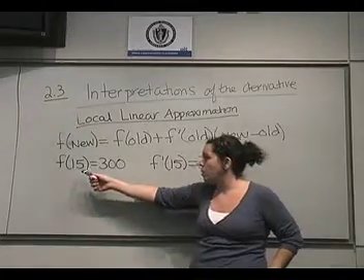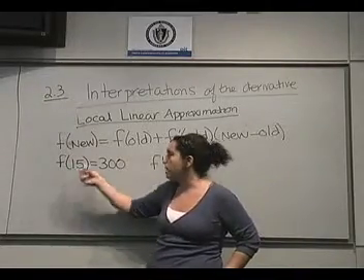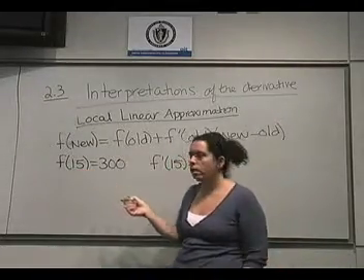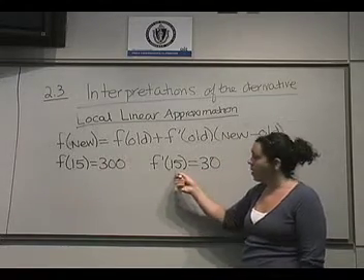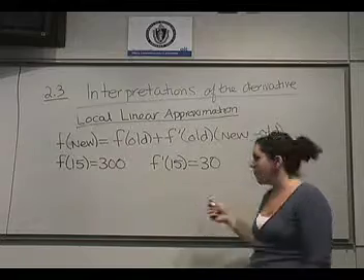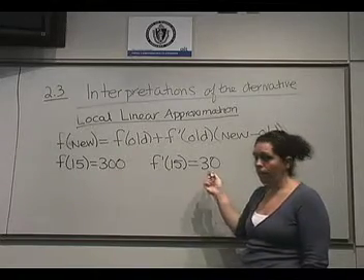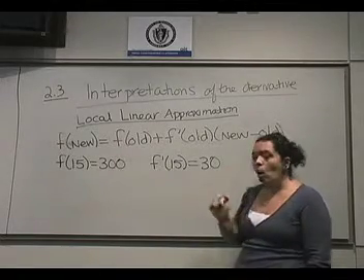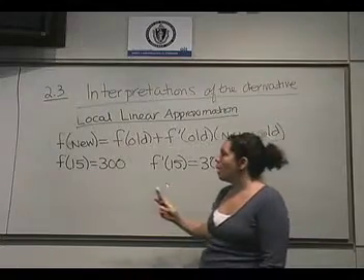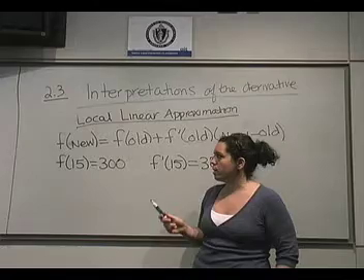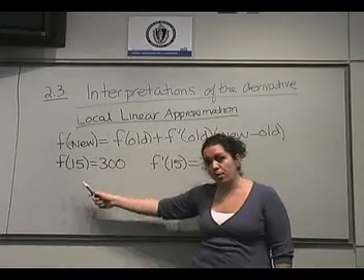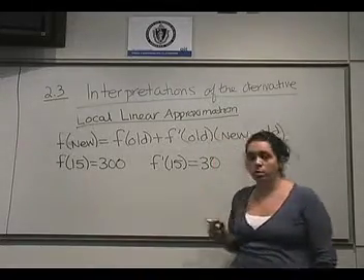We just know that when you plug in the x value of 15, the y value is 300. The other piece of information that I've given you is that the derivative, or the rate of change at that point, is 30. If and only if you have information about both the function and the derivative, can you use local linear approximation? Well, we do.